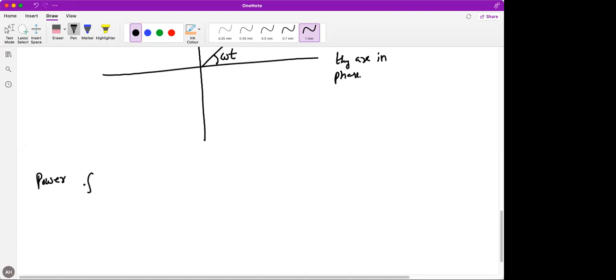Sania, how much is the power factor for a resistor? What's the formula for power factor? We just wrote it. Yes, Noor is correct. Mariam, what's the formula for power factor?